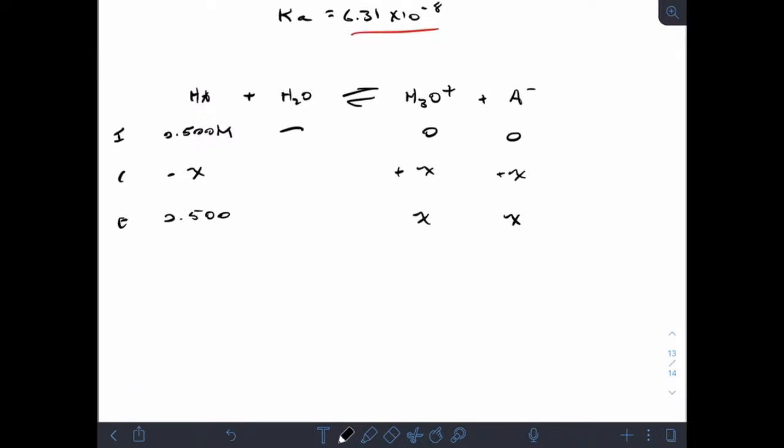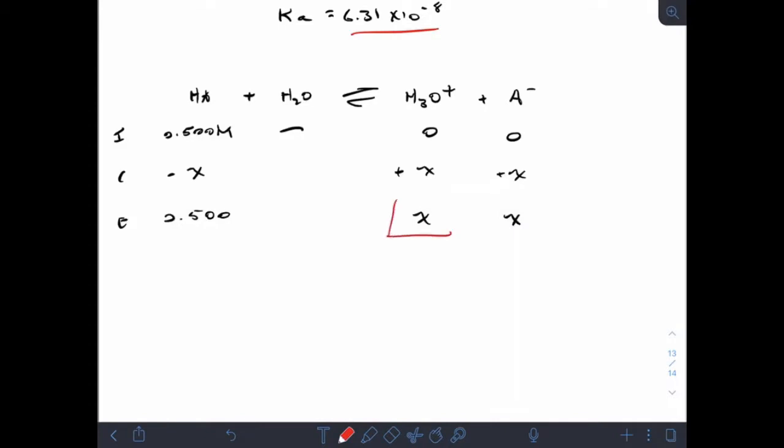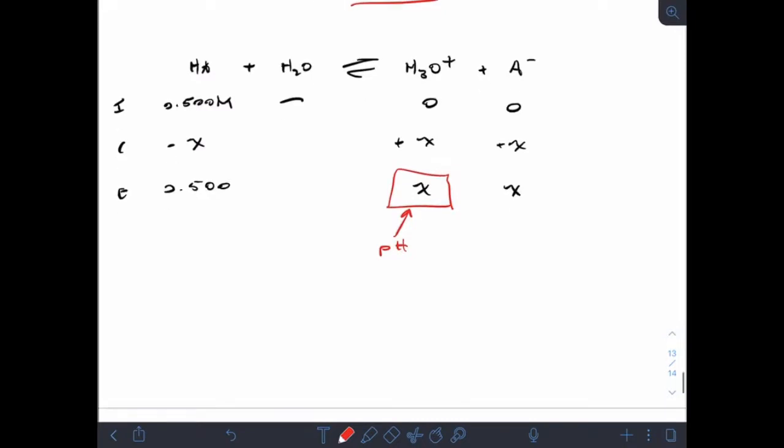Right, so I'm going to write my Ka expression, and that will allow me to solve for X because I want to know the pH. So that comes from right here. Okay, so Ka is X squared over 0.5 minus X, and remember we're going to say that X is small.